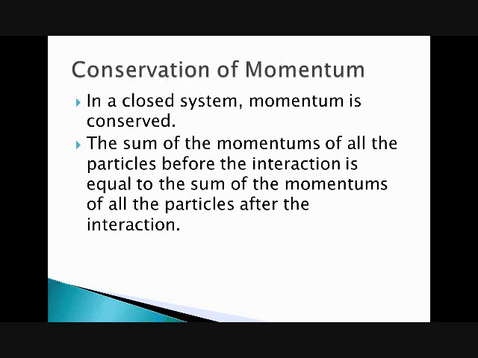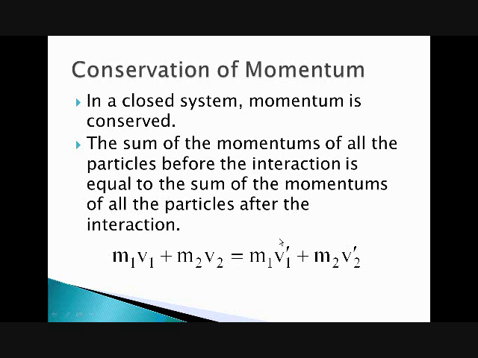Now, momentum is just mass times velocity. Mathematically, if we look at two particles hitting, it looks something like this: the mass of object 1 times its velocity plus the mass of object 2 times its velocity. This part, mass 1, velocity 1, mass 2, velocity 2, is the total momentum before the interaction.